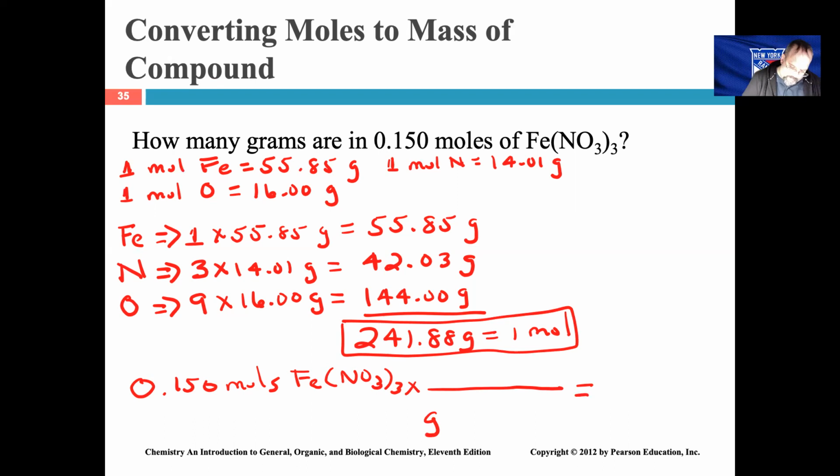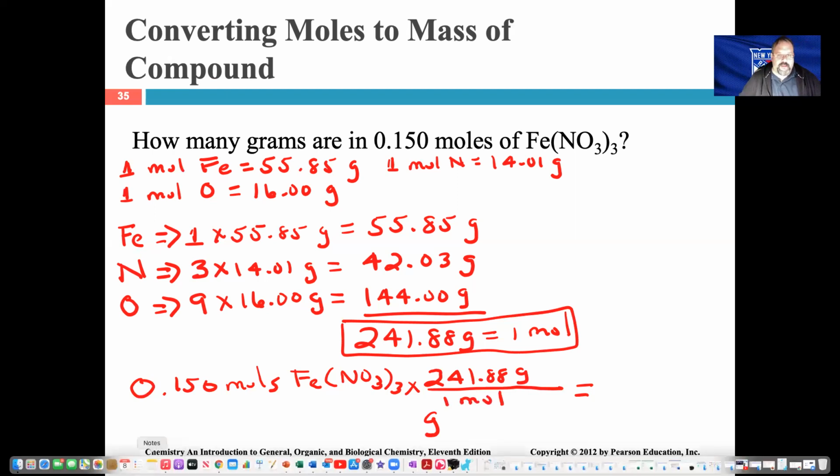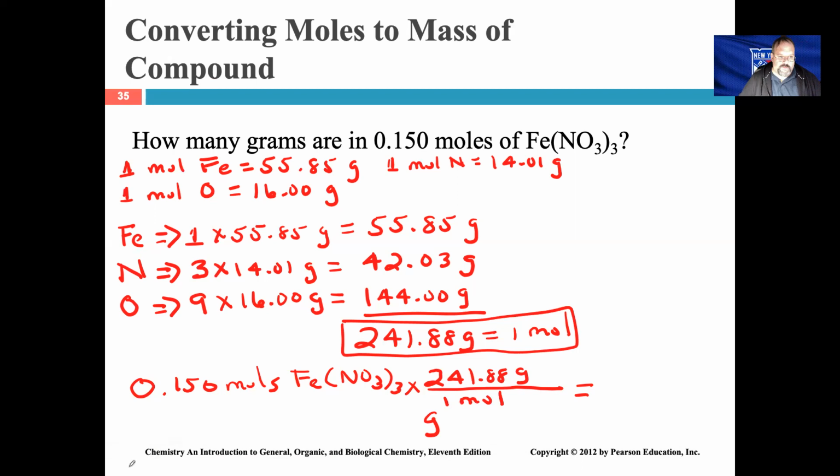So in this example, I'm going to put the 241.88 grams in the numerator, and I'm going to put the 1 mole in the denominator. And I'm just going to erase this grams and move it a little bit. Let's just move it over here.